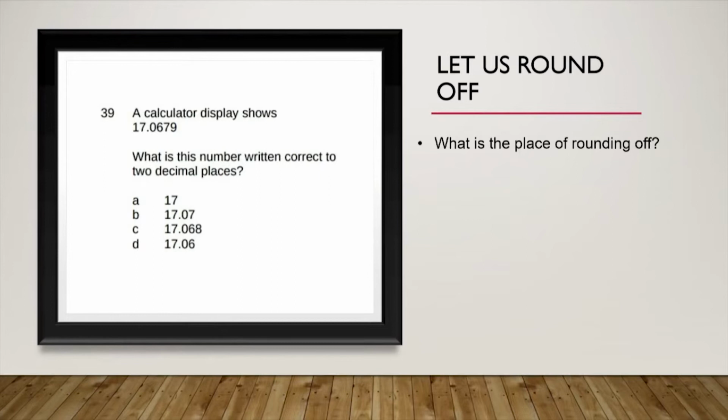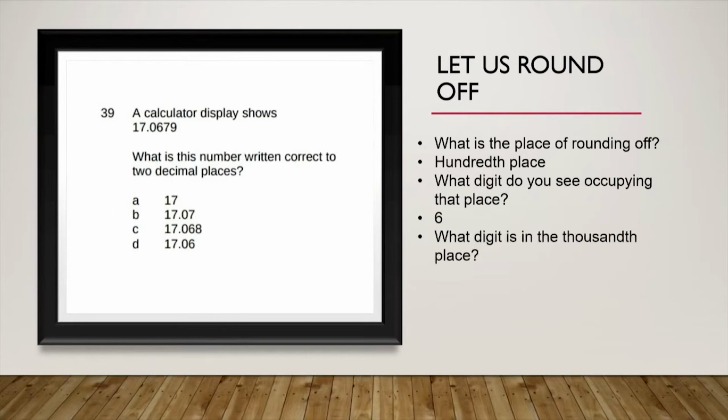The hundredths place would be occupied by your 6 again, and we would now look to the right of that digit, which would be your thousandths place, which would be 7. 7 is 5 or greater, so you round up. And your new number becomes 17 and 70 hundredths. And I hope you're realizing that once you're rounding off to your second decimal place, it is now called your hundredths place. So once you round off to your second DP, your answer will be in your second DP. All right, so that's option B.